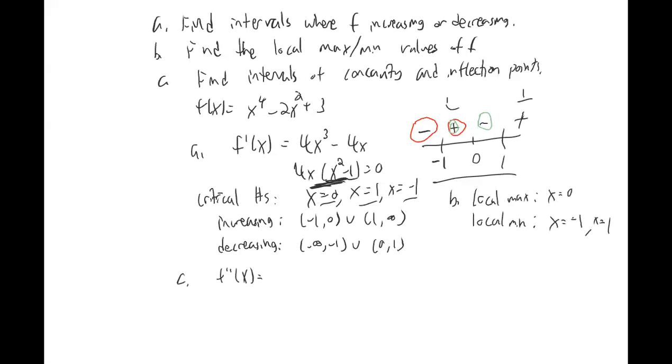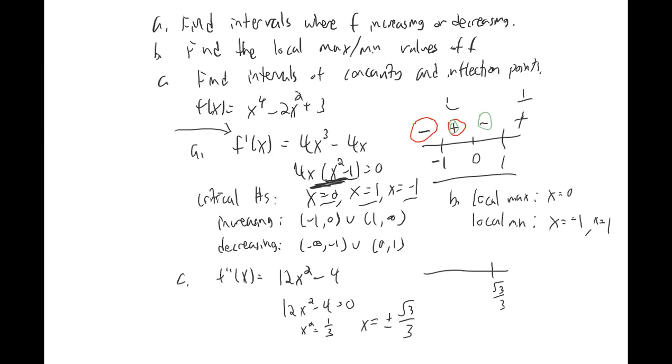It's just the derivative of this thing, so this is 12x squared minus 4. Let's set it equal to 0. What do I get? x squared equals 1/3, so x is plus or minus √3 over 3. Same exact process.